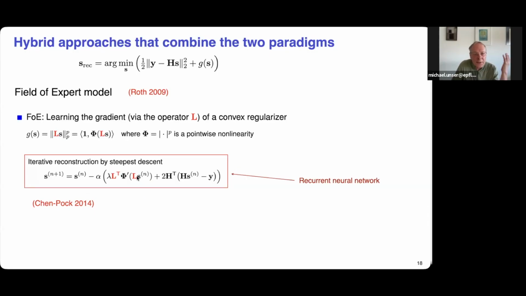Since the filters are fixed, if you just look at one iteration, this looks like a neural network. Since you're always using the same convolution filters, that's a recurrent neural network. This can be refined a bit, and that we have done in our work by also learning the nonlinearities. That's also something that I'm going to discuss.